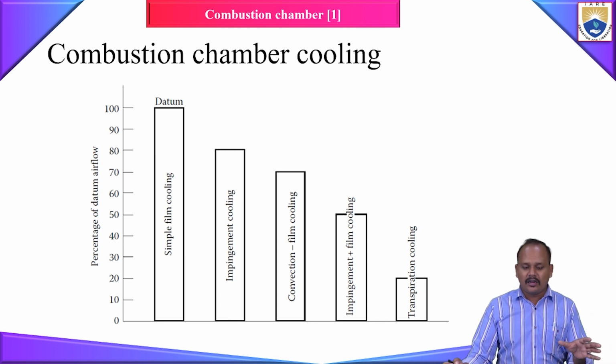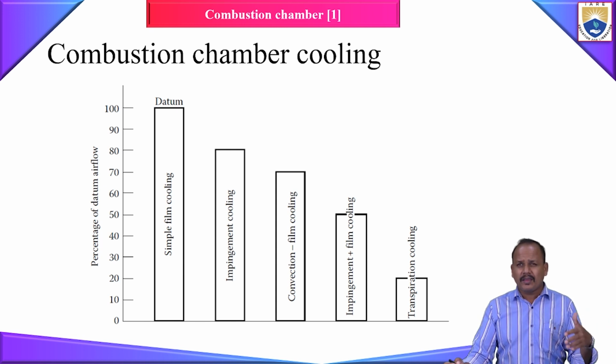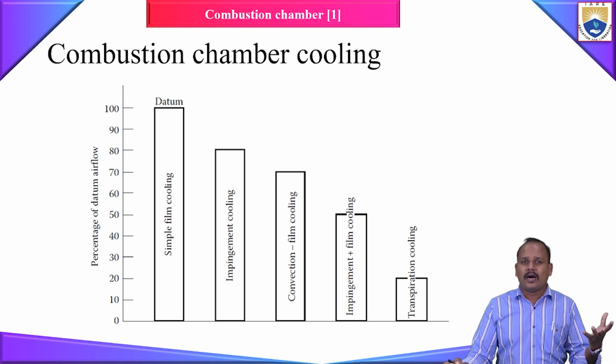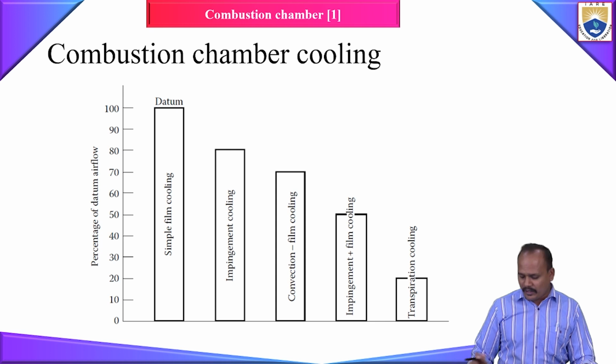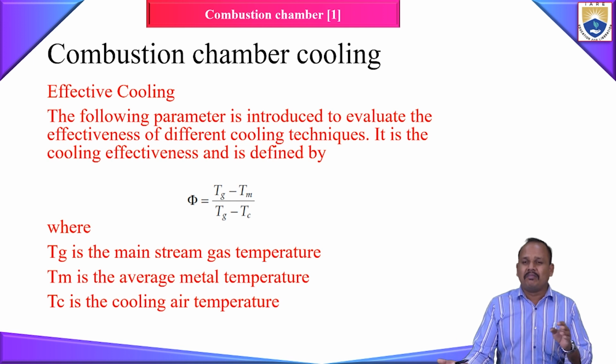So this is all about why we need combustion chamber cooling, what the different types of combustion chamber cooling are that we are using, and how we measure the effectiveness of a particular method. You can take any method, or introduce any new technique, but how do you find whether it is better than the existing cooling technique or not?